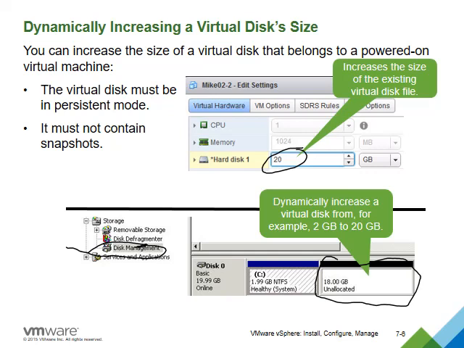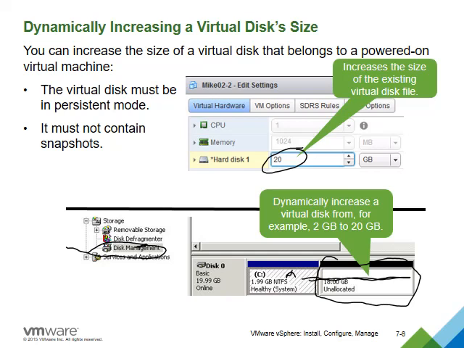Now, Windows 2008 and above, you can right-click right here and do Expand, and it'll expand this space on the C drive. Now, if it's not on the D drive, it'll do it as well, but earlier operating systems like Windows 2003, you'd have to use a third-party utility to do that.